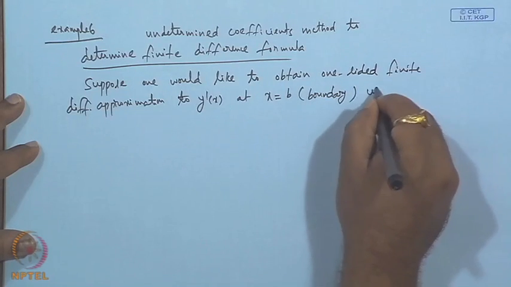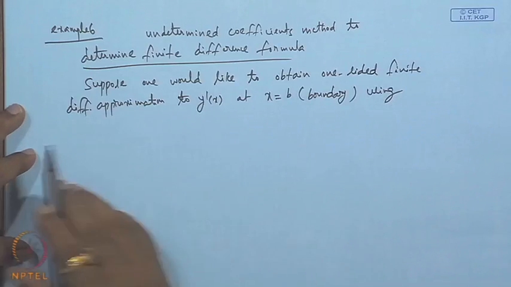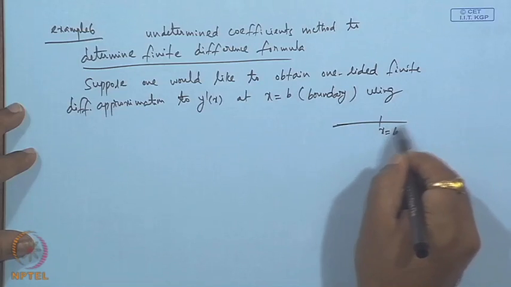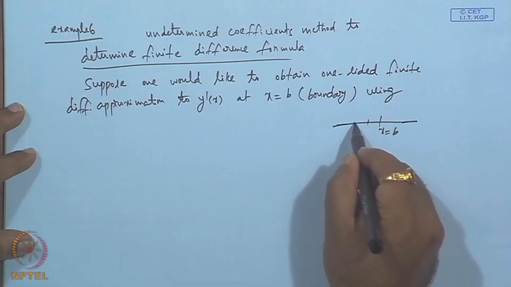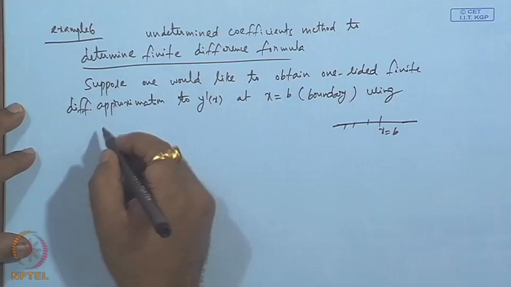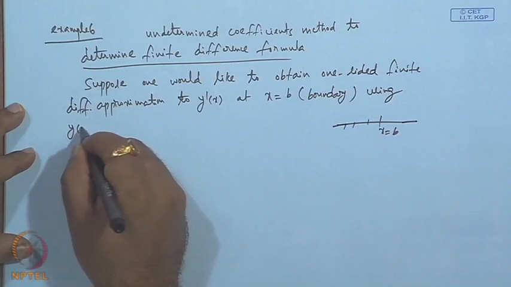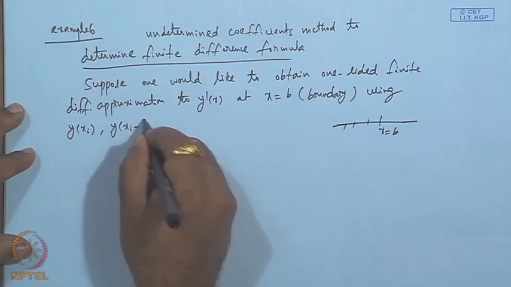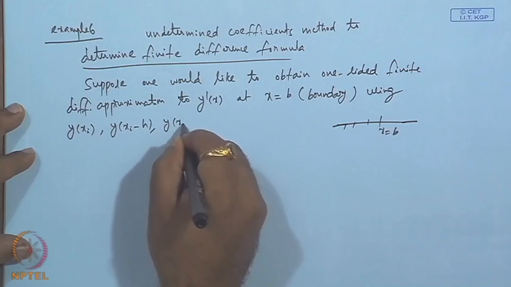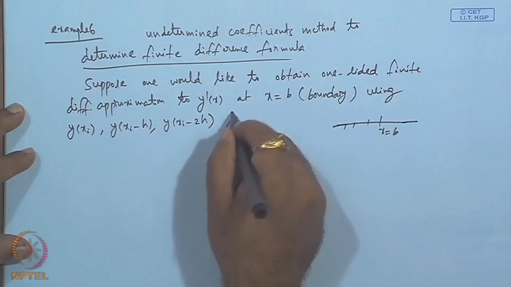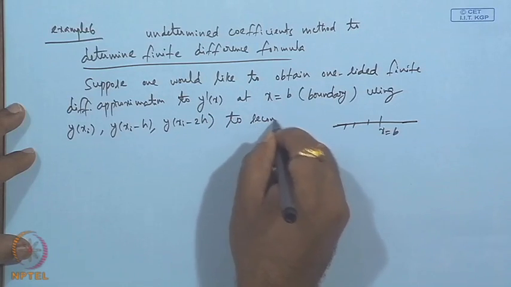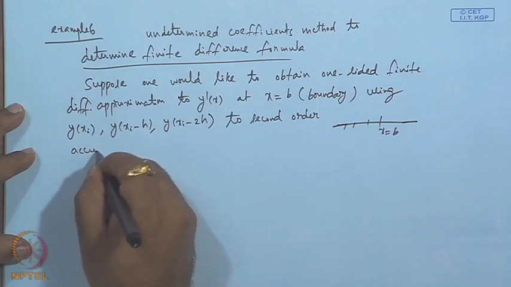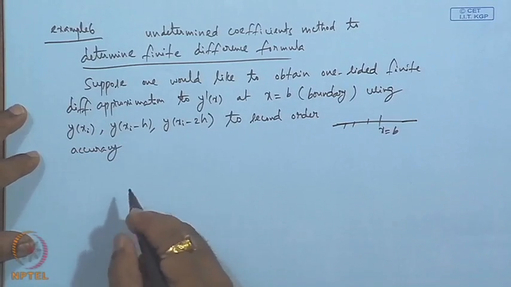Okay. So, one sided means, see this is x equals b. So, one sided means does not involve one of the sides, so either this side or this side. Okay. So, using in this case to second order accuracy.